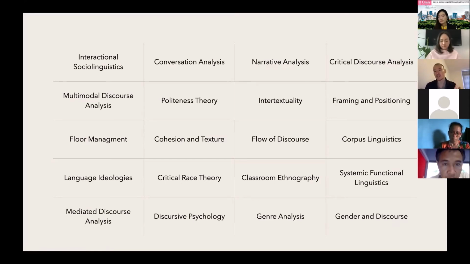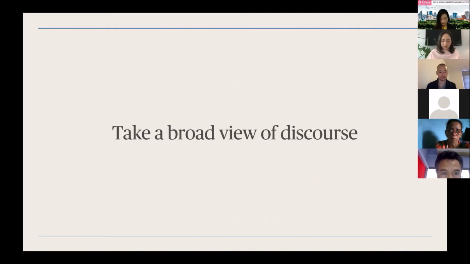So what I'm saying is we don't need to learn all of these different approaches, but we should certainly be aware of more than one, maybe a few, maybe more than a few. It's up to you, but we need to be able to look at these different approaches to understand how they're used and to potentially incorporate that into our own research, maybe even our own teaching as well.